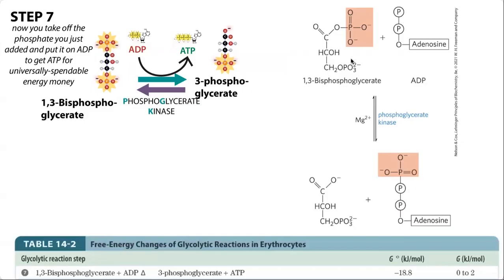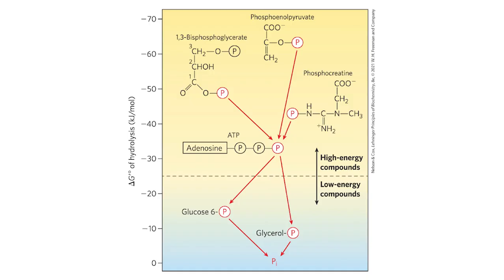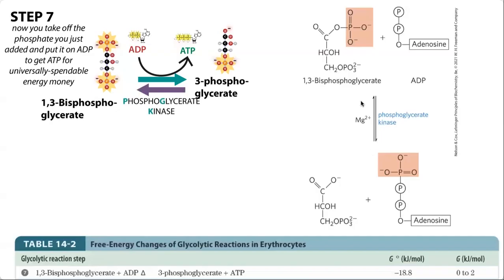Why we can do this is because we have this really high energy phosphate bond where we have this acyl phosphate. So this is an acyl group, where you have a carbonyl attached to something. And here that something it's attached to is a phosphate. So this is an acyl phosphate group, which is going to be high energy. And so breaking it off is going to give us a lot of oomph, and it's going to be favorable.